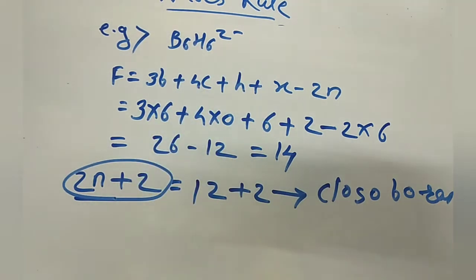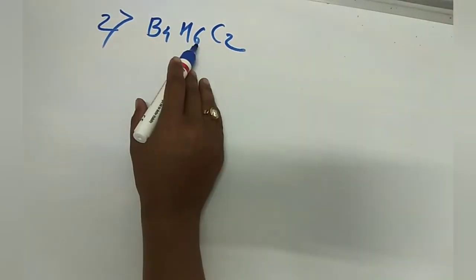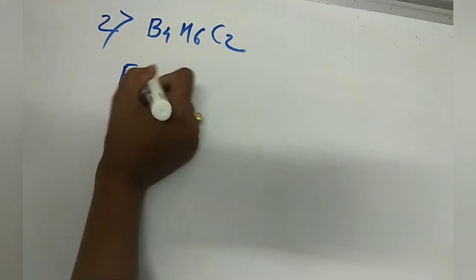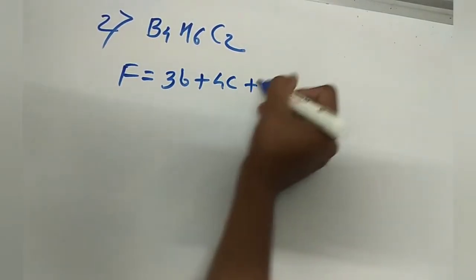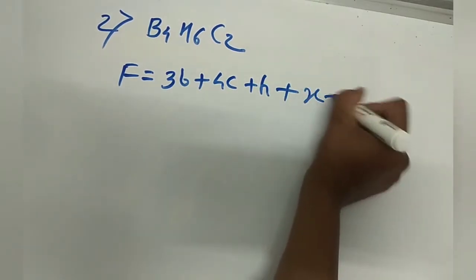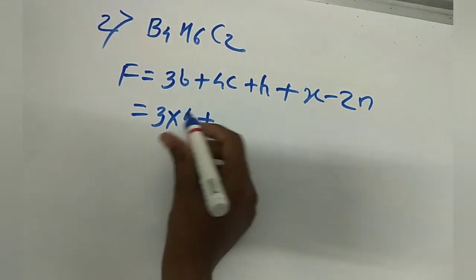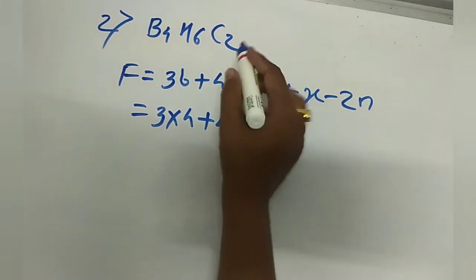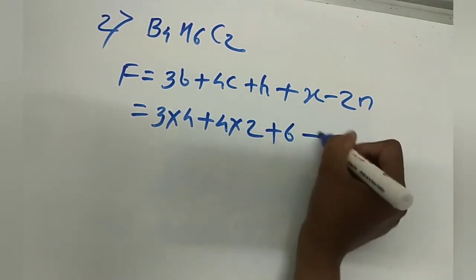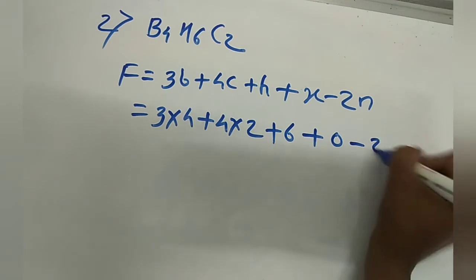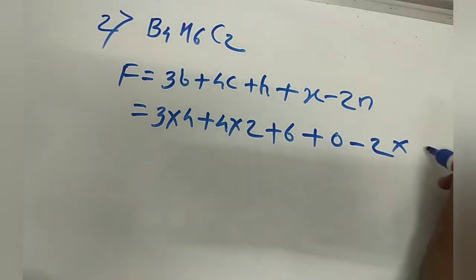Now we consider the second example. Let us consider B4H6C2. Again we are using the Wade's rule 3b plus 4c plus h plus x minus 2n. 3 into 4, boron atoms is 4, 4 into number of carbon is 2, plus number of hydrogen atoms is 6, plus charge is 0, minus 2 into n, number of boron and carbon is 6.